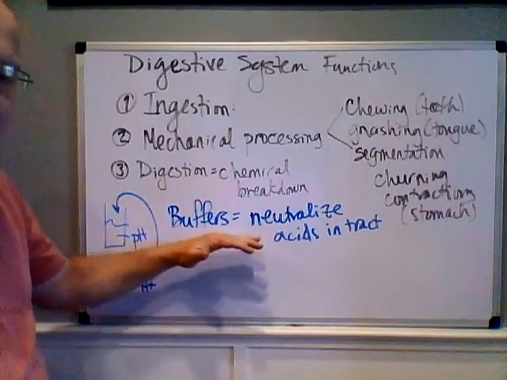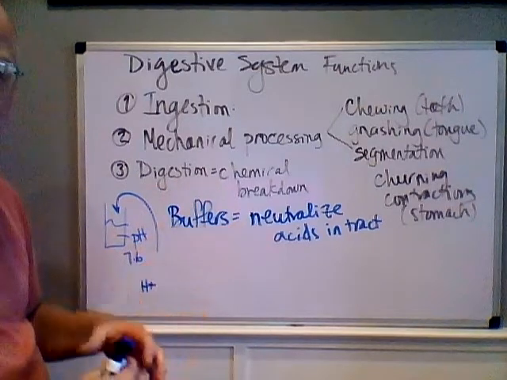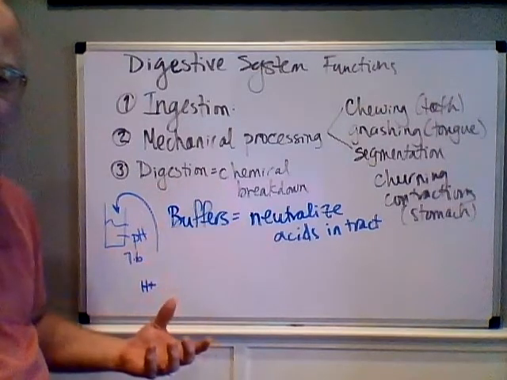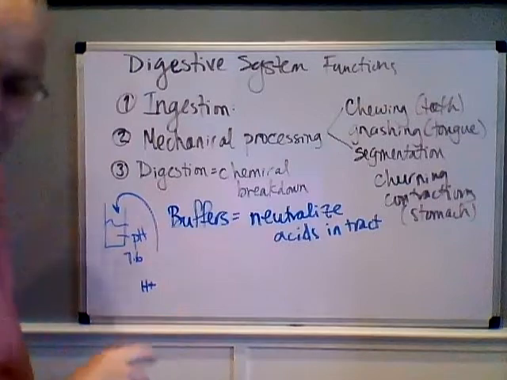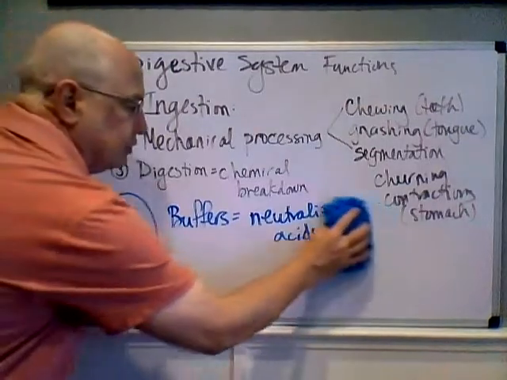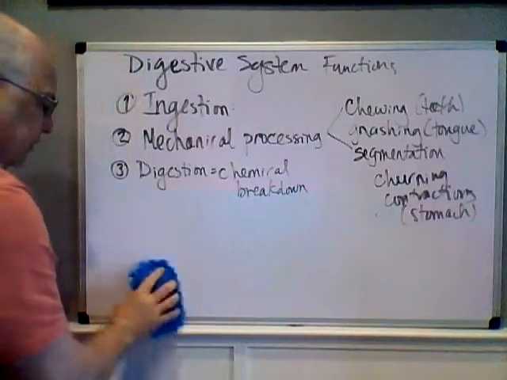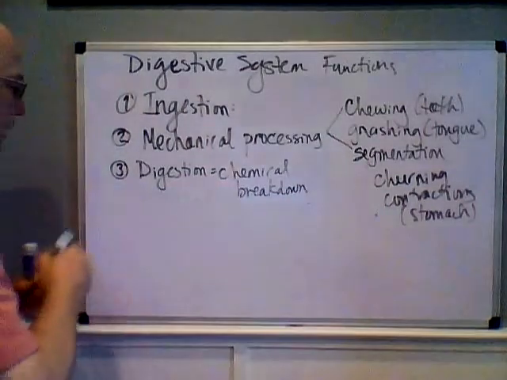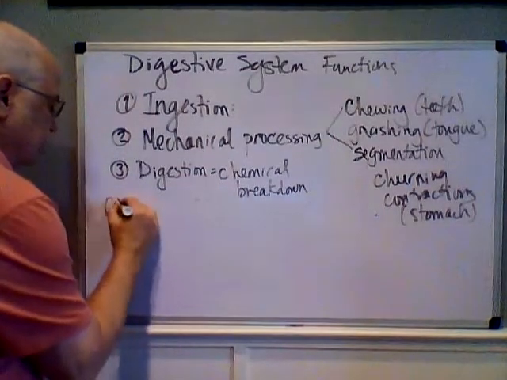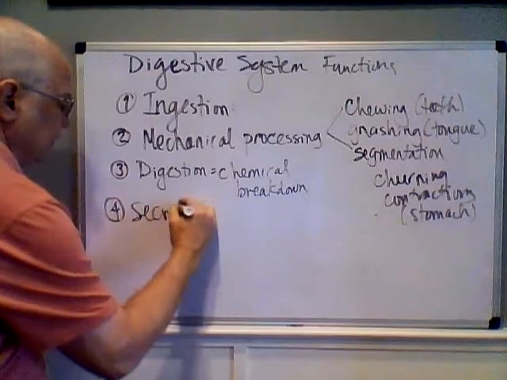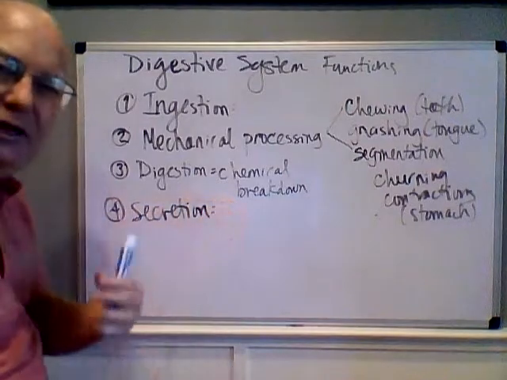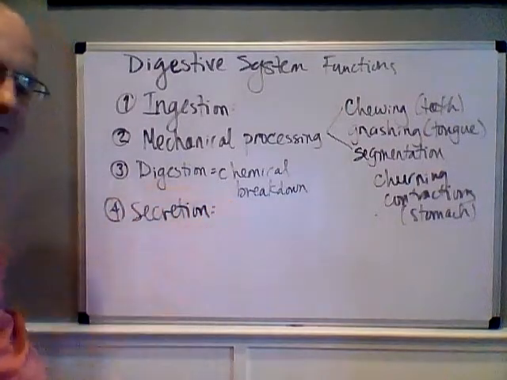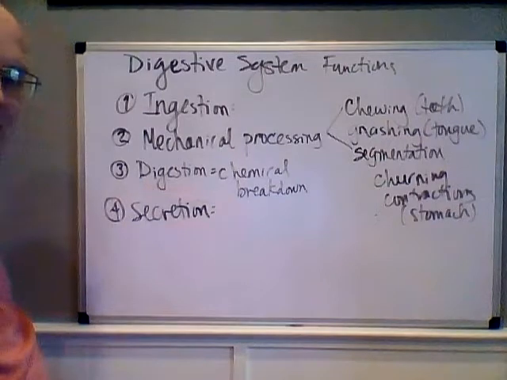The buffers and the mucus don't necessarily play a huge role in the actual digestion itself, but they do play a big role in the next one of the functions, because in addition to digestion, we have a whole lot of secretion going on. I really kind of jumped ahead of myself with that last list of things, because that's really what we're going to talk about here.